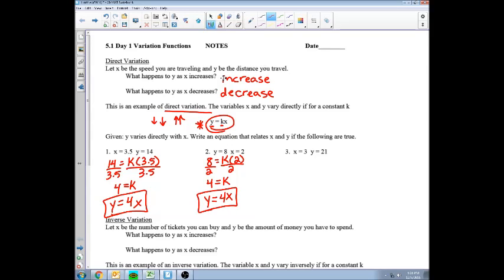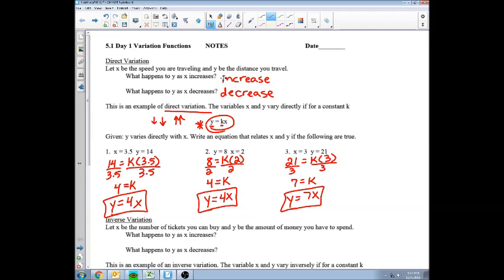On to number 3. Y comes first, so 21 goes in for y. Then I have my equals, k times my x. In this case, my x is 3. If I divide both sides by 3, then my k will equal 7. To plug that into my formula, it'd be y equals 7x, and we're done with that problem as well. So that is the gist of what we're doing here.